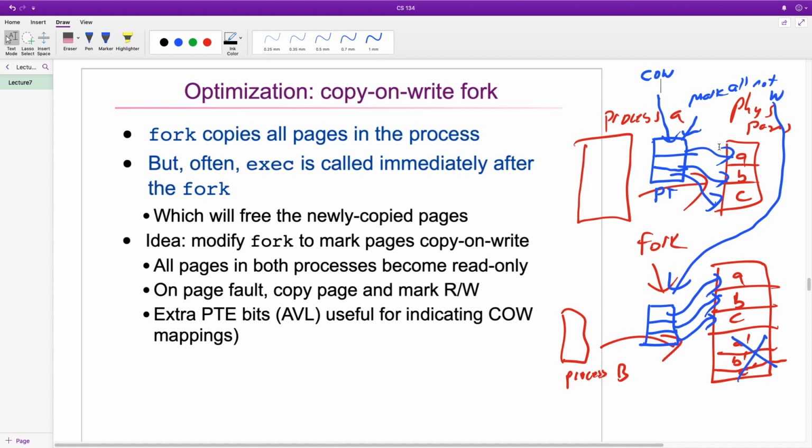Okay. If the child does another fork, will all of those have their permissions changed? Like, all the page table entries that correspond to those have their permissions set as before the fork? Assume process B actually does some editing. Okay, so process B does some editing, so we now have, let's say, an A prime here, and that would be marked writable, right?